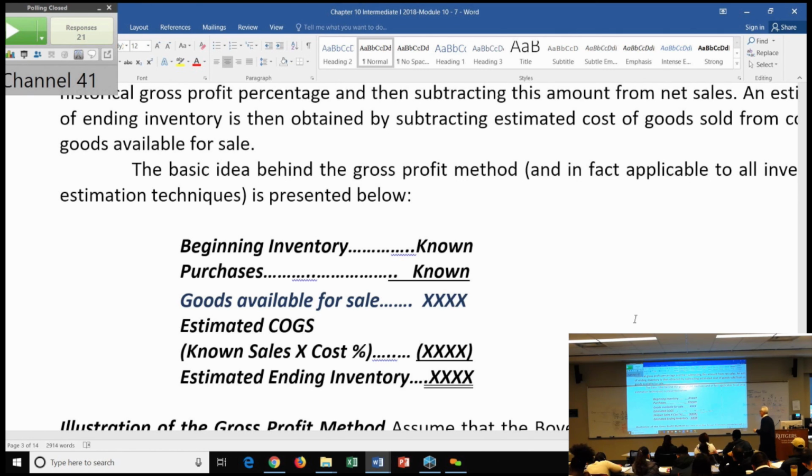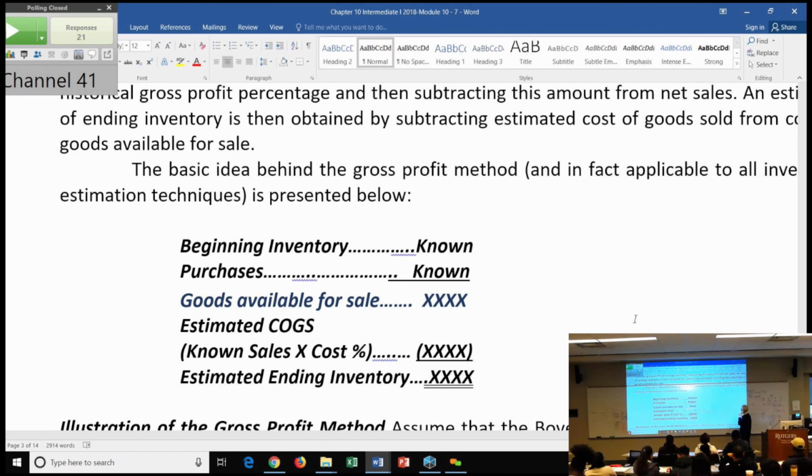Now again, this is a 5-year average cost ratio. I'll put some numbers in here in a second.